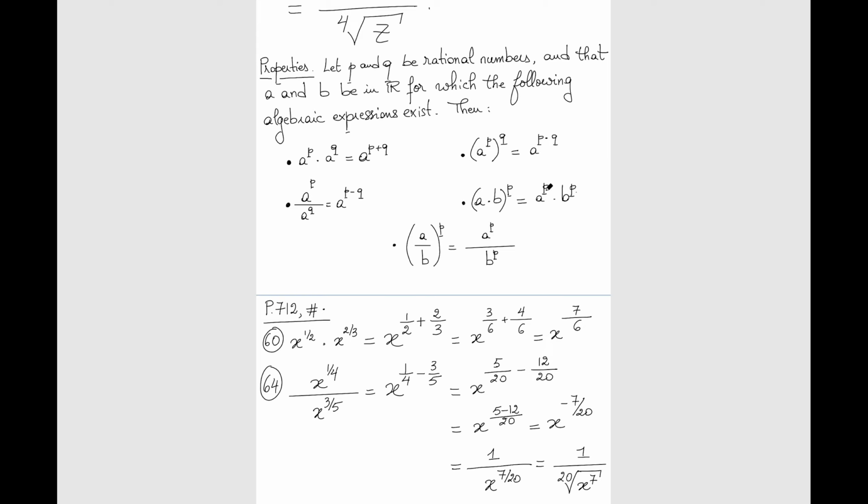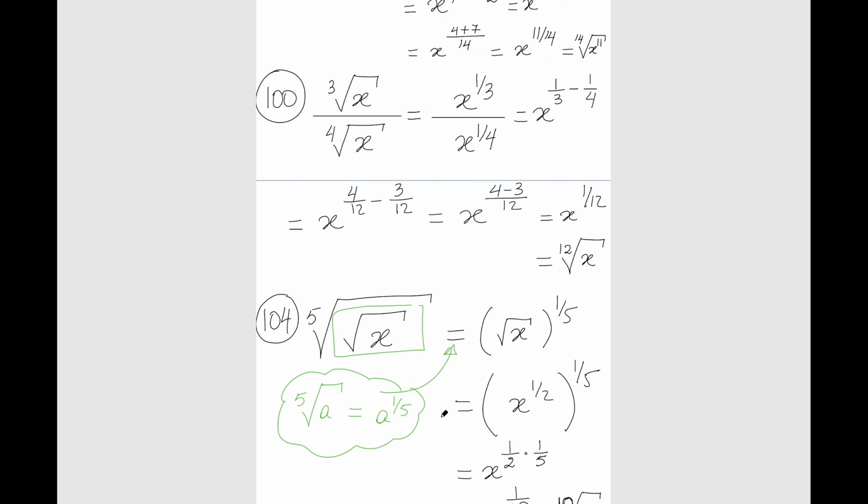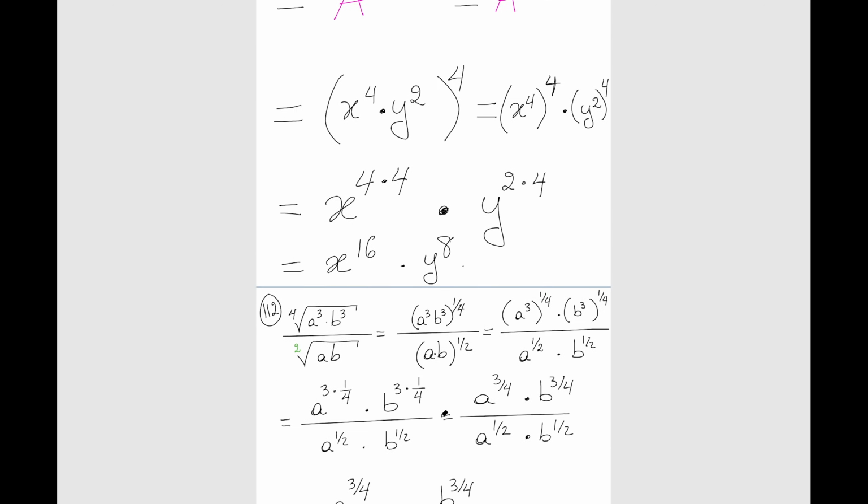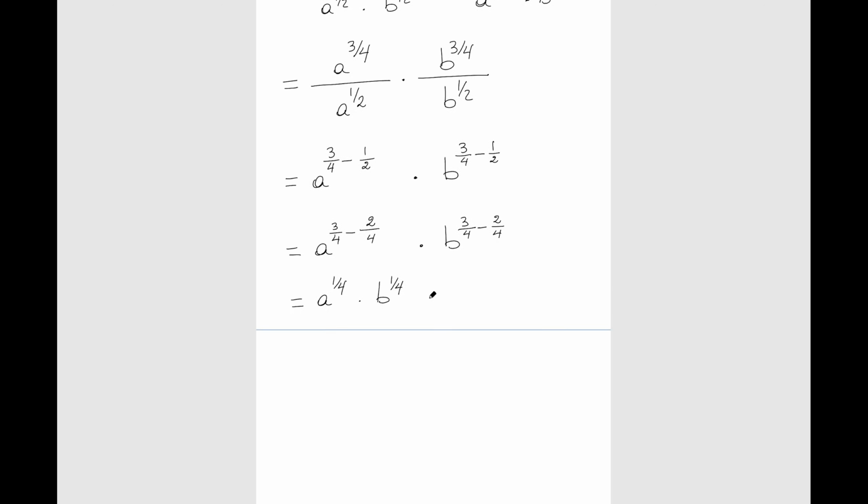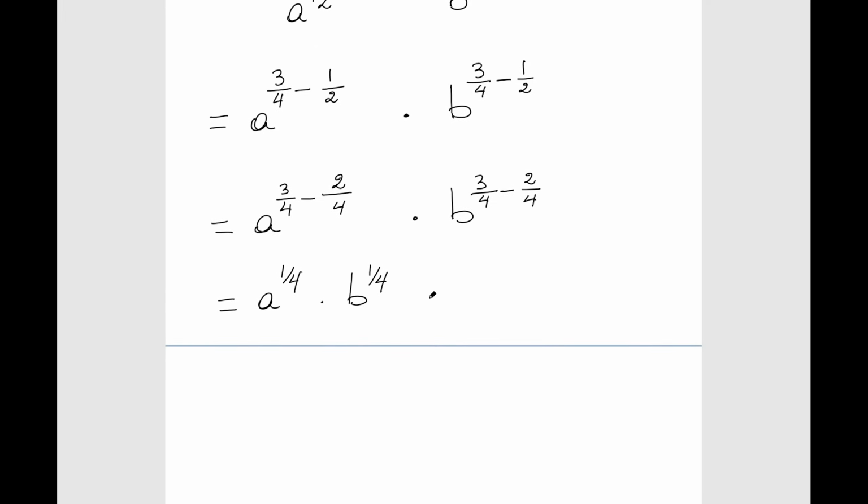So I have a to the power 1/4 and b to the power 1/4. I'm going to have ab, the whole thing, to the power 1/4. So I'm using it from right to left this time. And we're going to have the 1/4 as a common umbrella for both, and then ab.